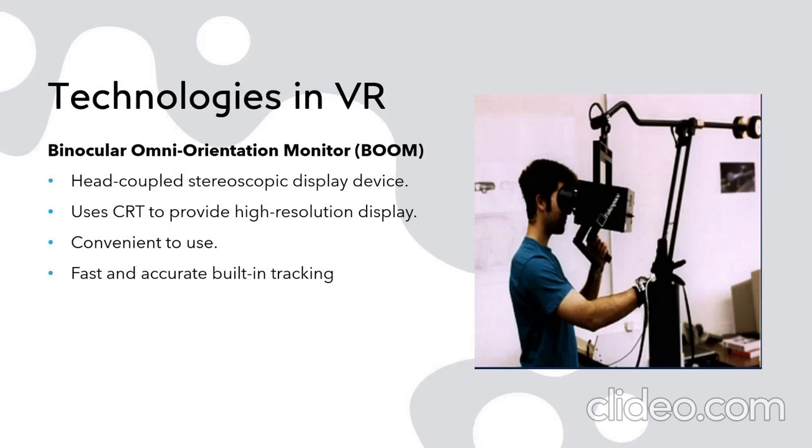But in BOOM technologies, we have to physically move our head to see the other sides. HMDs are more portable and user friendly, making them suitable for a wide range of applications, including gaming, simulations, and training. Whereas BOOM is often used in specialized applications such as flight simulators, where a broad field of view is essential for training.